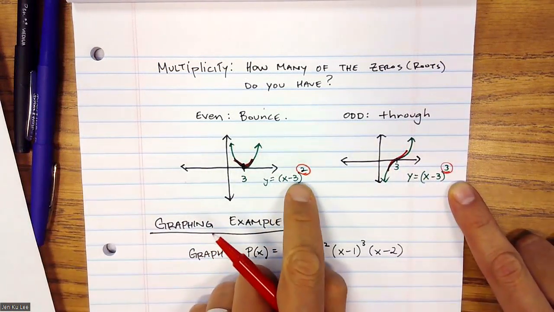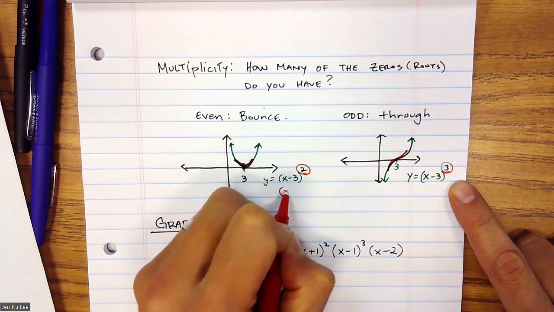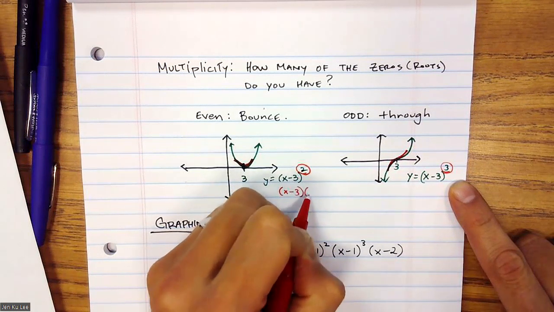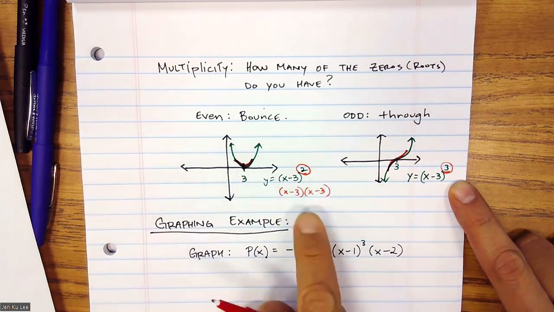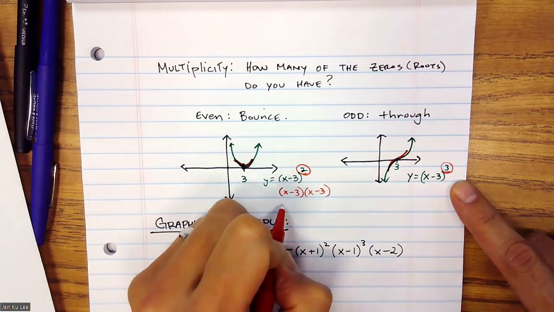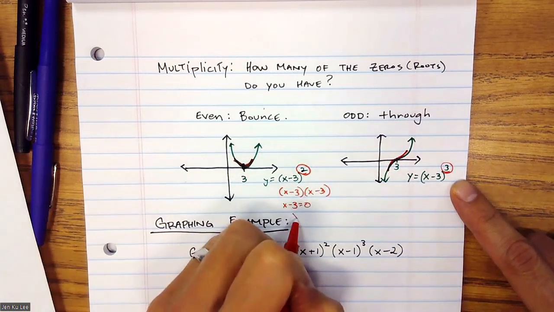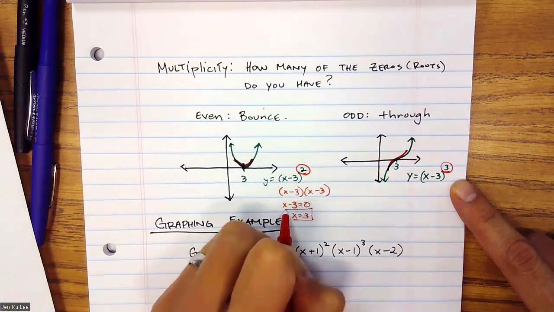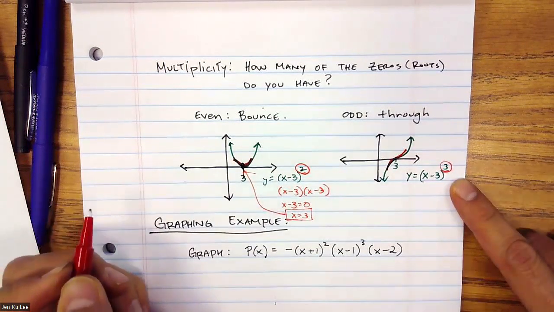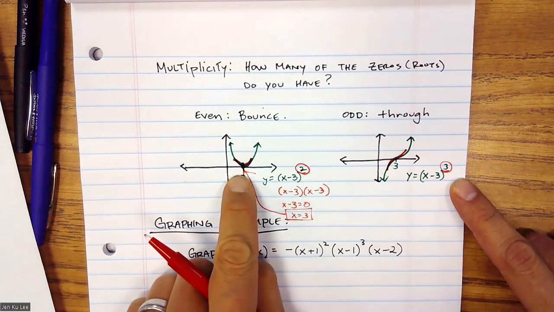Because if it's x minus 3 quantity squared, that means if I expand this out, I have 2 x minus 3's, right? And then if I solve it for 0, x minus 3 equals 0, then x equals 3. That's why that's at 3. Because this 3 is this 3.